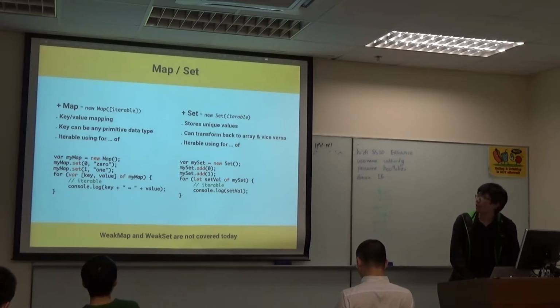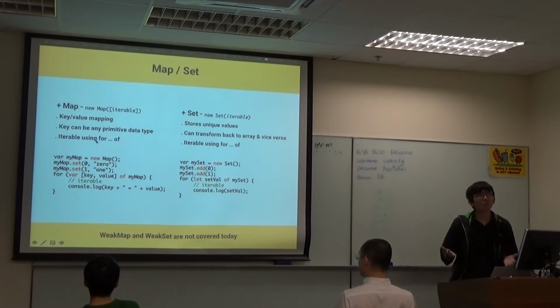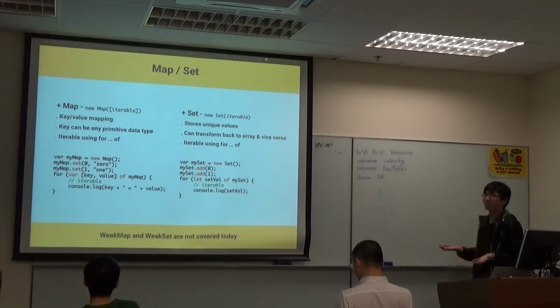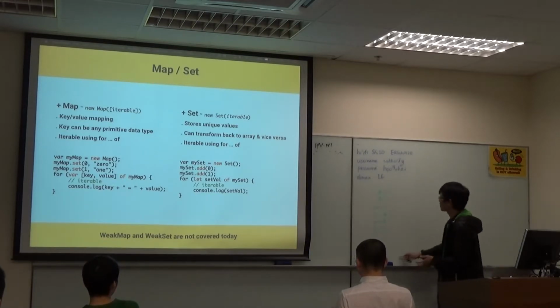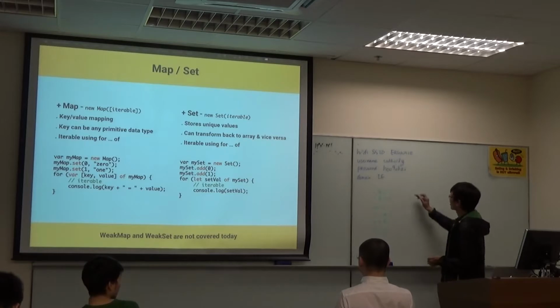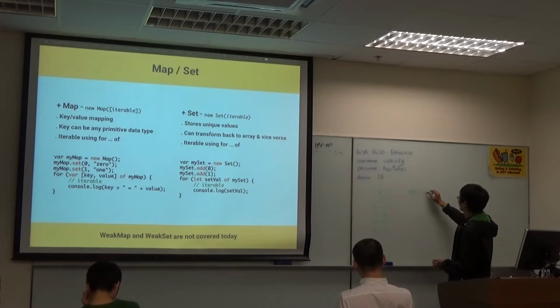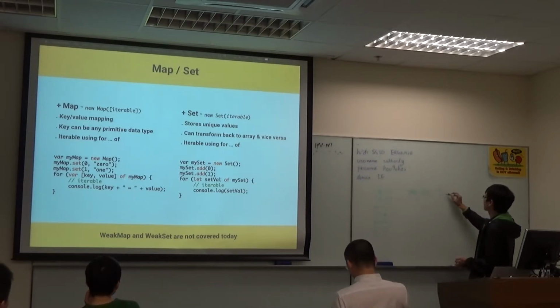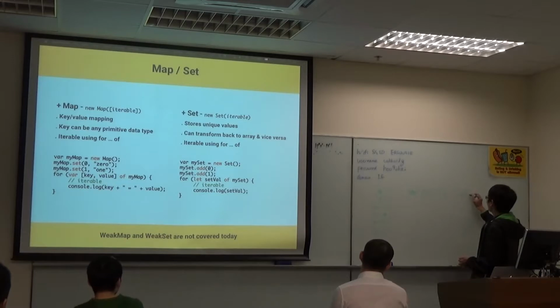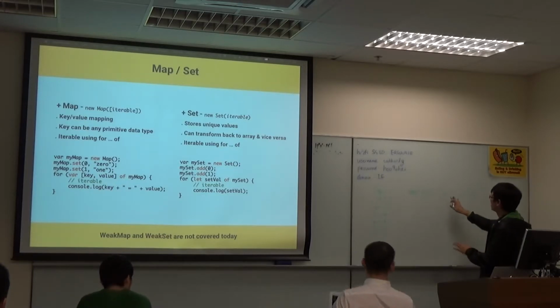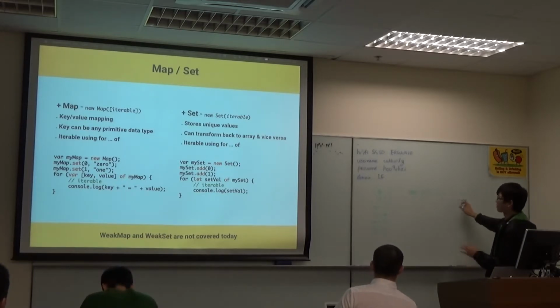And it is also iterable using the for of syntax. So in an object you cannot do iteration efficiently. Remember, in ES5 you can do something like that. Let's say there is an object. How can you loop through the properties?